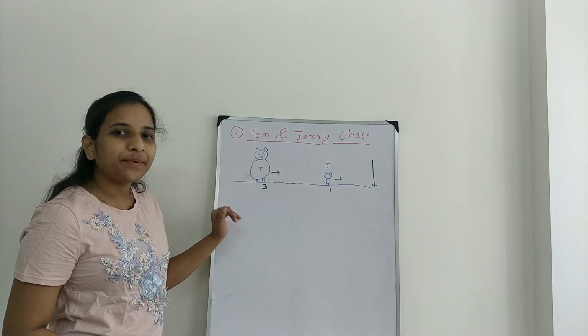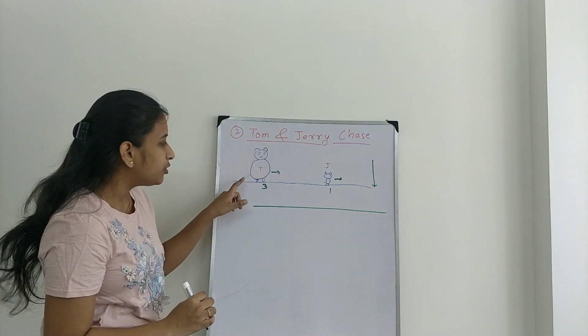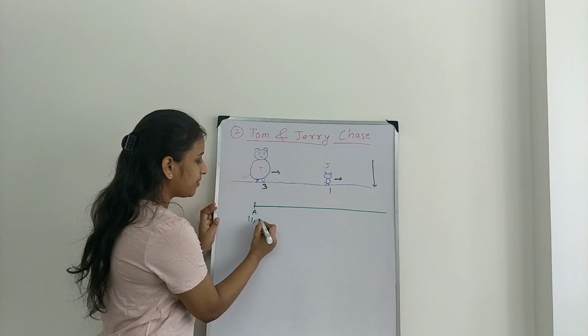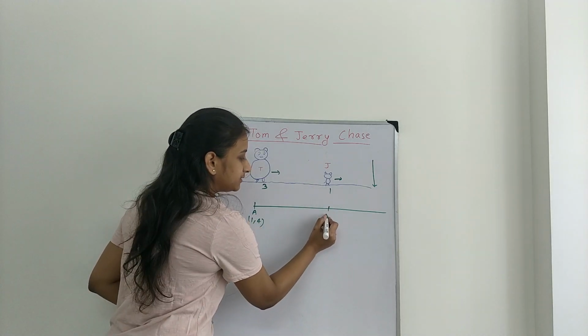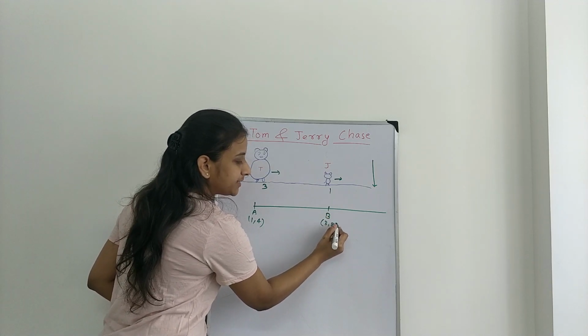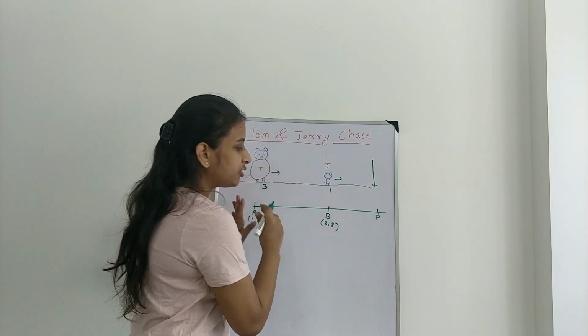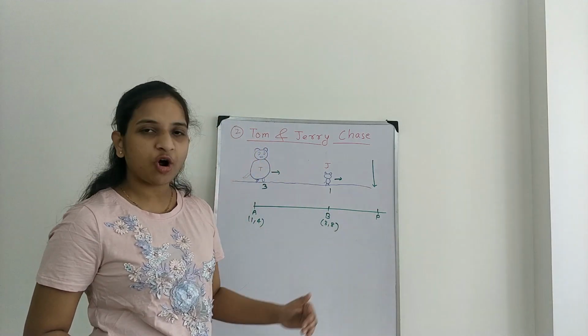Let's look at this example mathematically. Let's say position of Tom is point A, 1, 4 and position of Jerry is point B, 3, 8. So let's say at point P, Tom catches Jerry. So we need to find point P coordinates.